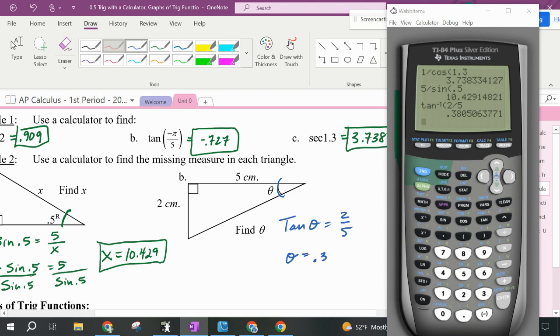So 0.381. I'm going to put a little r right there because we're in radians. It doesn't tell us to go to degrees, so I'm assuming everything has been in radians so far, and I'm sticking to radians.